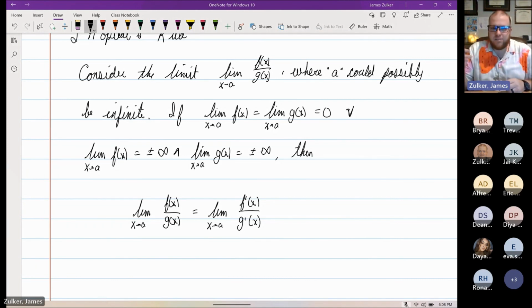So what L'Hopital's rule says is if we get an indeterminate form of 0 over 0 or infinity over infinity, we can take the derivative of the numerator function and the derivative of the denominator function and then try to reevaluate the limit.